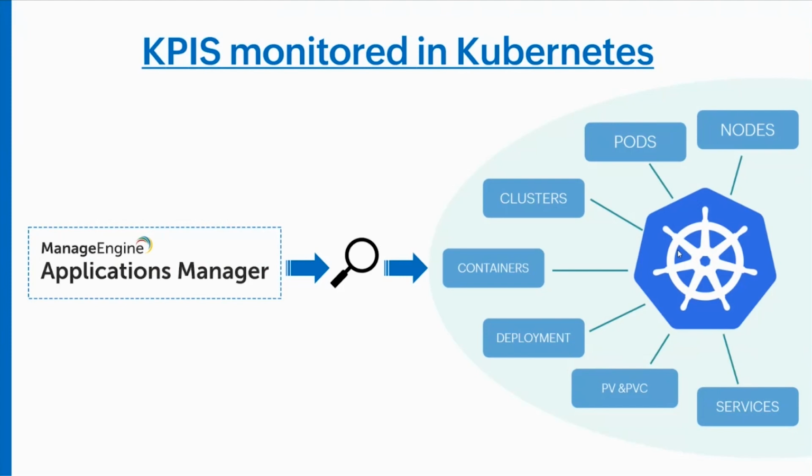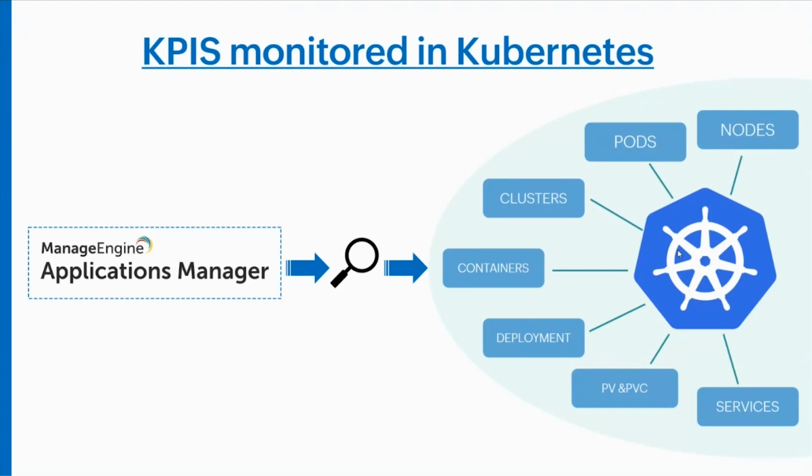You'll have to monitor the pod status. Monitoring the status of pods running in Kubernetes can help you understand which pods are running and are healthy and enables quick identification of failed pods. Similarly, node status. You need to monitor the status of nodes in your Kubernetes cluster. Here also you can identify if you have any failed nodes. Network traffic.